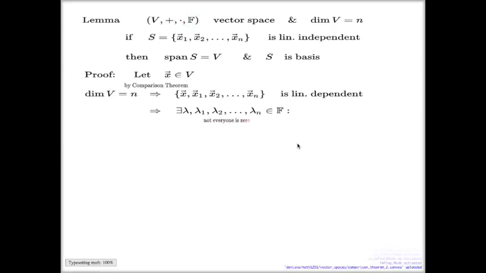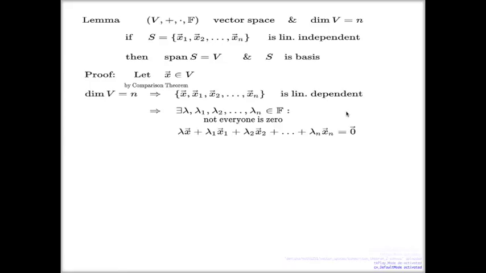Not every one of these n plus 1 scalars is 0. And on the other hand, the linear combination of my set of n plus 1 vectors with these n plus 1 scalars delivers 0. That's just the definition of being linearly dependent.